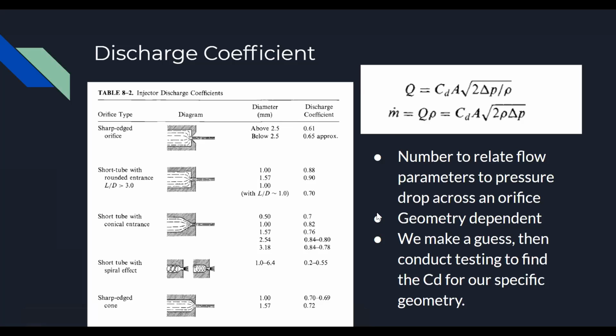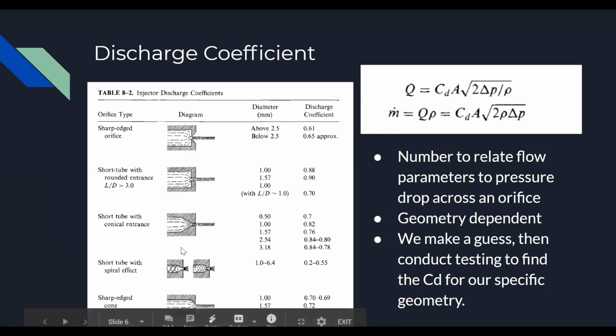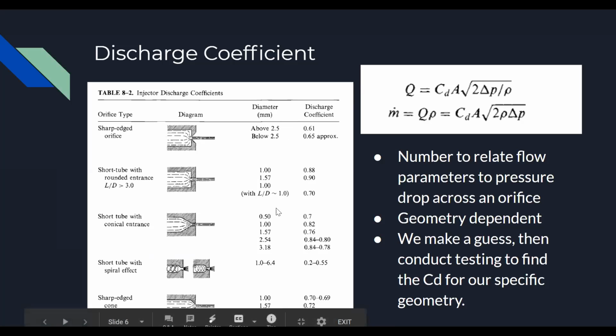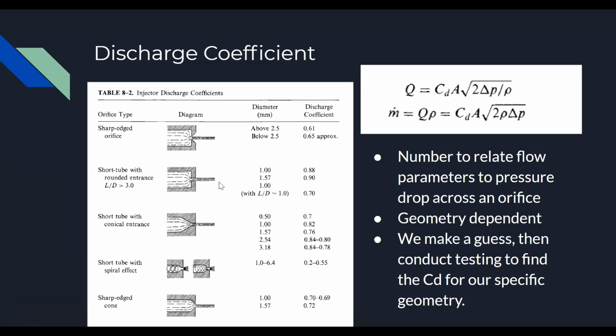When we're designing, we're going to start with a reasonable guess based on this table, and then we're going to have to conduct testing to figure out what the discharge coefficient for our injectors actually is. Since this isn't really something you can calculate for geometry, you just measure it and calculate it from measured things.